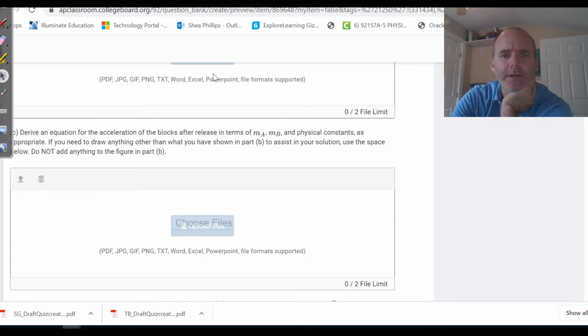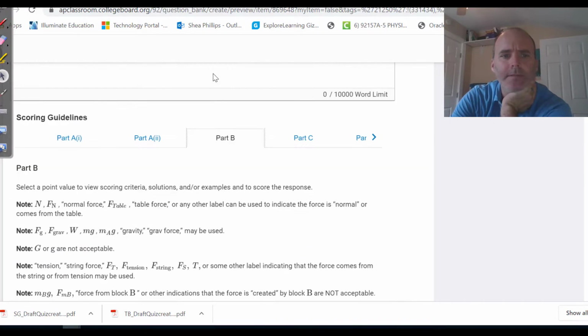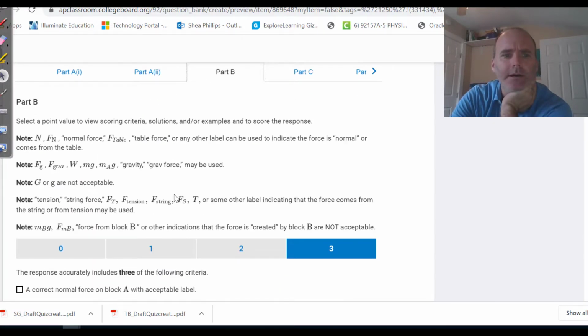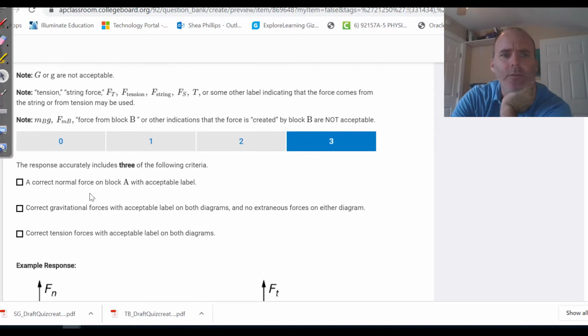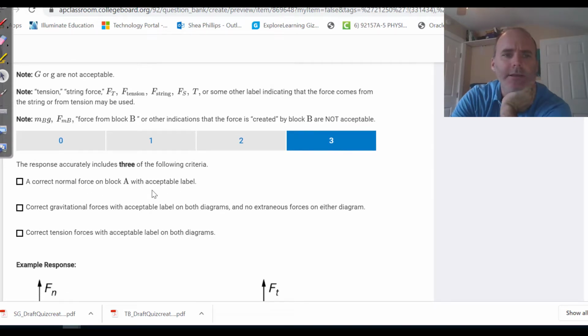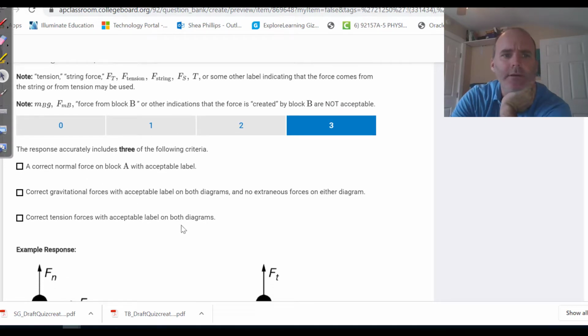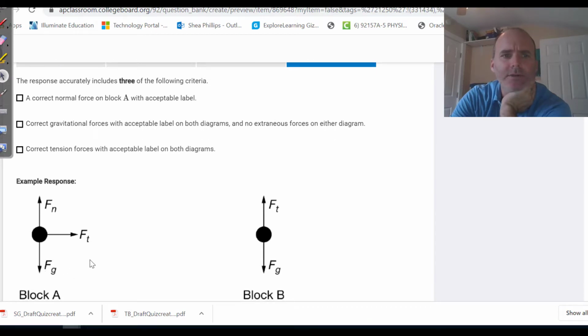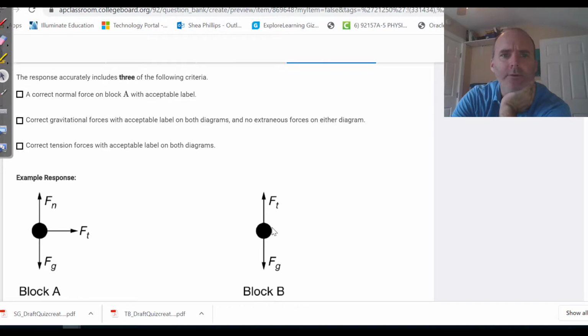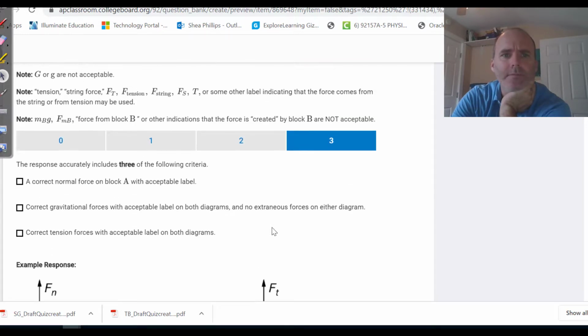For the free body diagram, if you had a normal force on block A, you get a point. If you have the gravitational force on both of them, you get a point. And the tension is going up. You get a point.